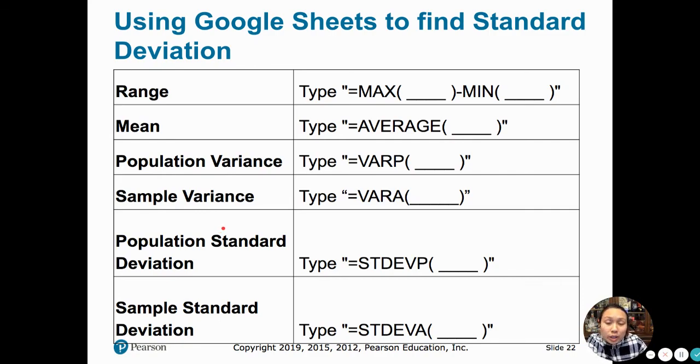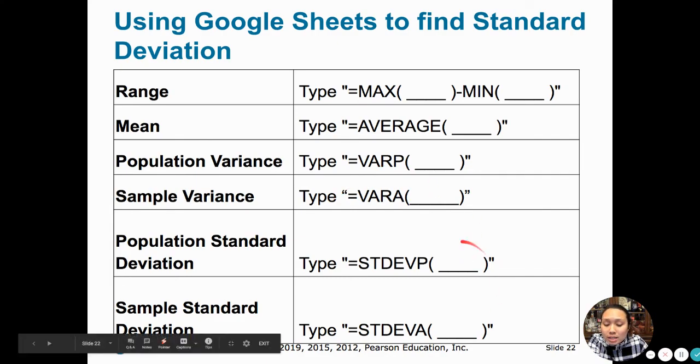Now imagine working with statistics or working with real data, you would have hundreds of data entries to work with. And that becomes not impossible, but quite tedious to do by hand. And so there are calculators such as Google Sheets or a graphing calculator or Excel that is programmed to do all this for you. You just have to make sure that you are typing in the correct function.